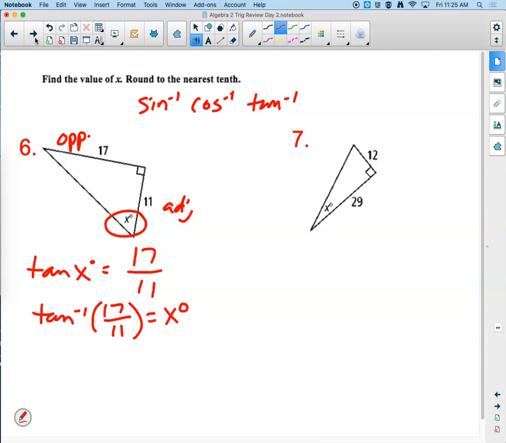Should just keep my glasses on today. And nearest tenth, 57.1 degrees.